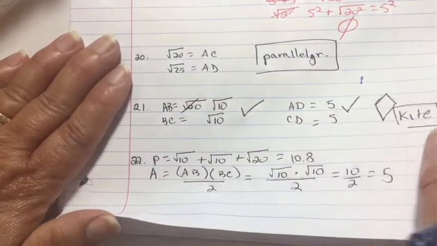Okay, for the last one, you're going to do the area and the perimeter of ABCD.